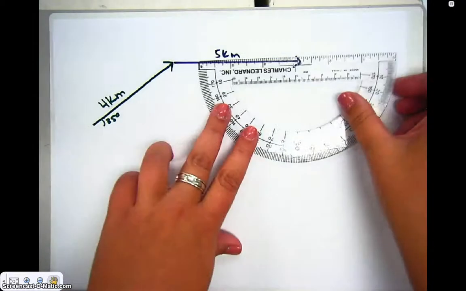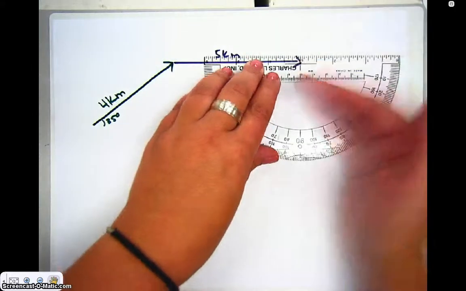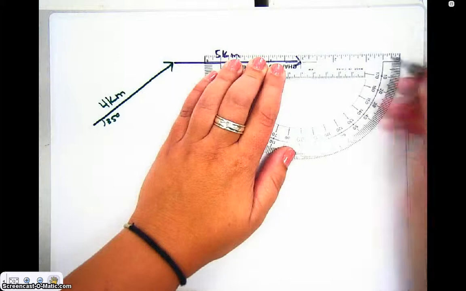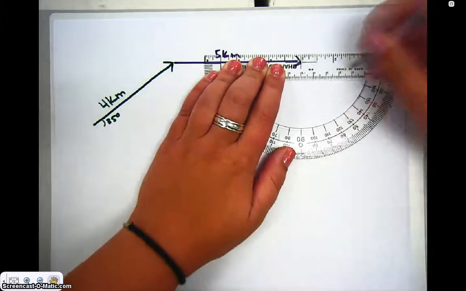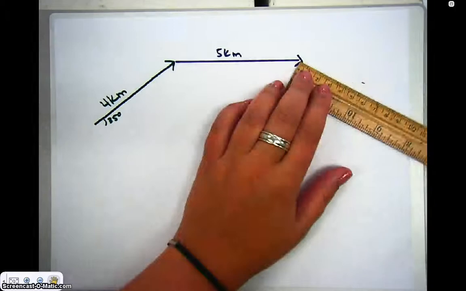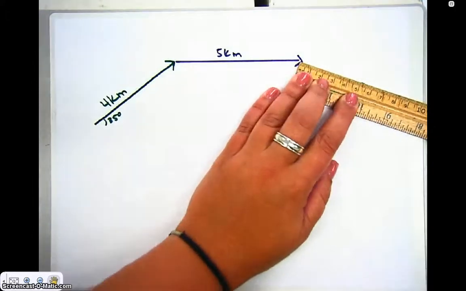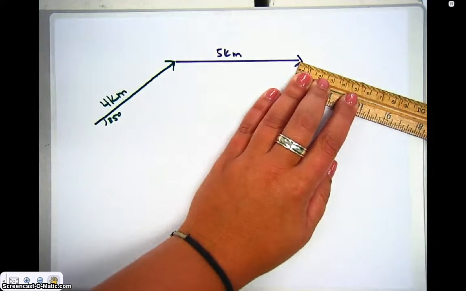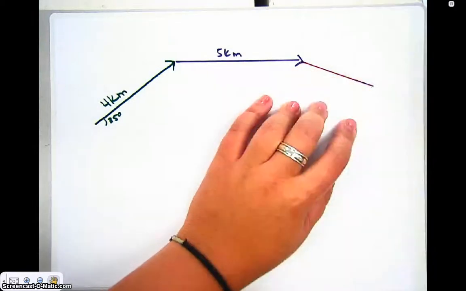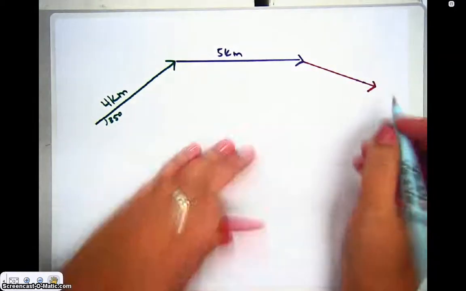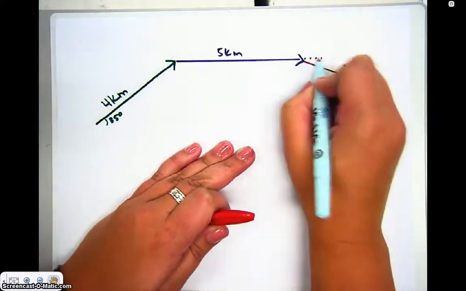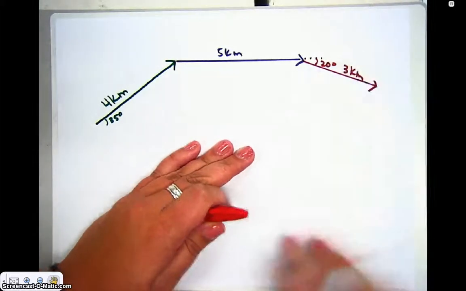Here I'm going to put my protractor like this because it's going to be south of the east direction. I'm going to start at the tail of the last vector. So 20 degrees is like right here. And we'll do 6 centimeters here. Let me get another color. So that is 3 kilometers, and we're at an angle of 20 degrees.